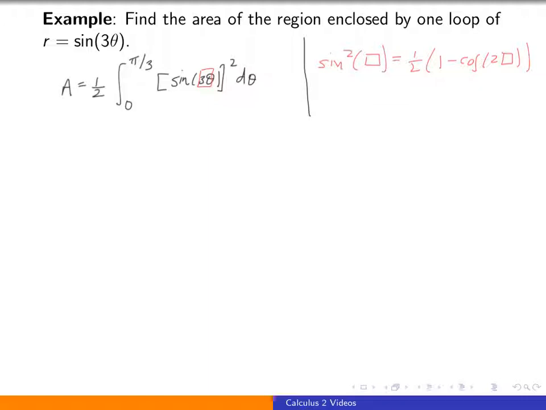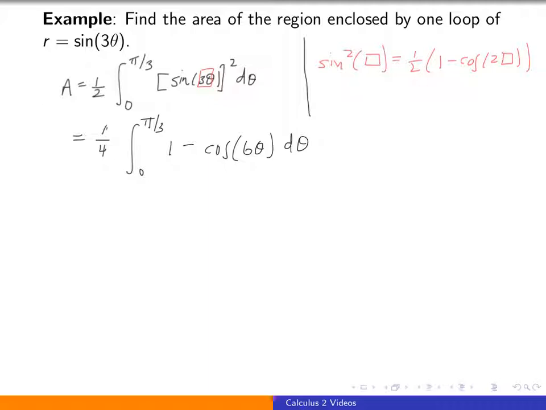So letting the 1/2 pull out front, we'll have 1/2 times 1/2 is 1/4. We're integrating from 0 to pi over 3, and we are going to have 1 minus cosine of 2 times something, but remember our something, this 3 theta, is what's getting plugged in. So 2 times 3 theta is 6 theta.